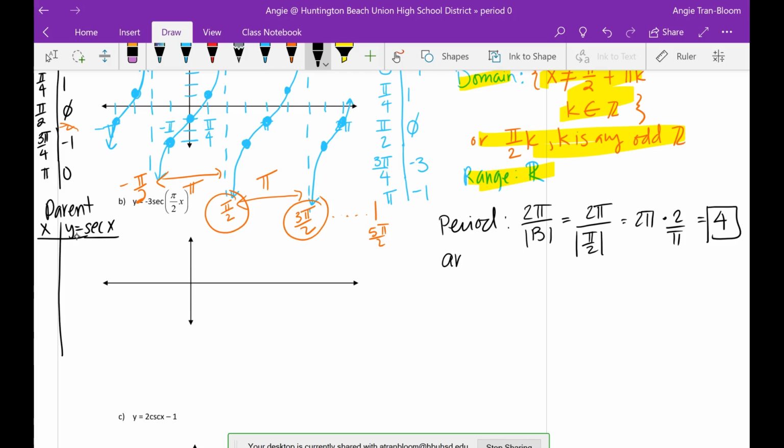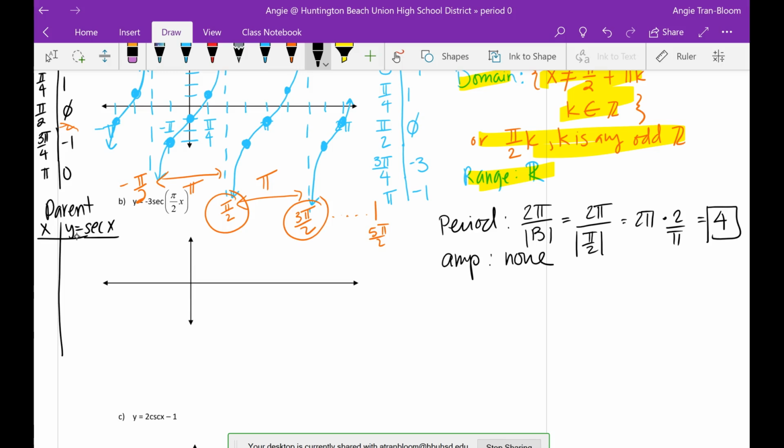Now let's talk about the amplitude. Okay, Sinjin, what's the amplitude for secant? Close. Look back in your notes on secant, dear. What's the amplitude on secant? Consult with your team if you have to. None.